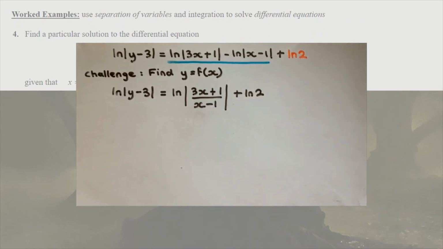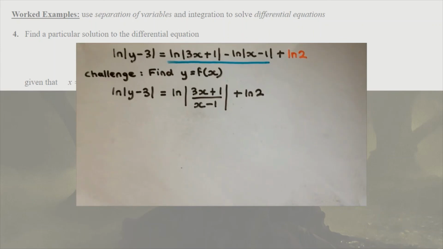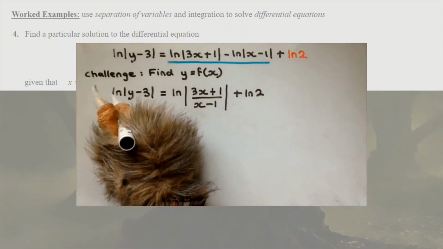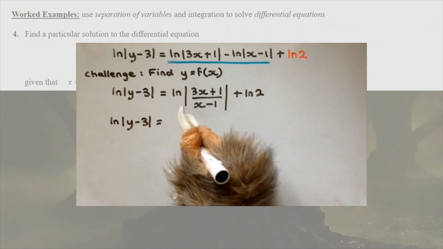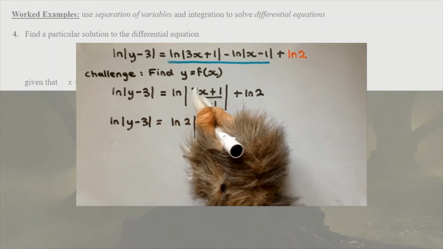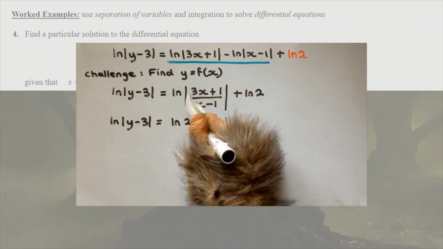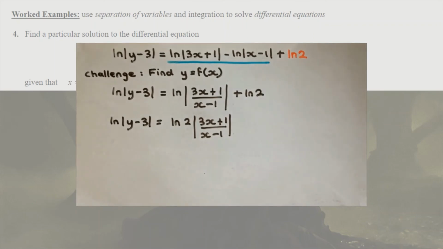Okay, good stuff. We now have same base e, and we have an addition. That means I can combine these two using the addition law, multiplication law, however you want to call it. So this is going to be ln of y subtract 3 is going to equal the natural log of 2 lots of, now, 3x plus 1 over x subtract 1, combining those two logarithms as a product.